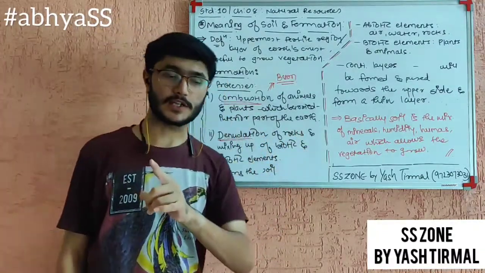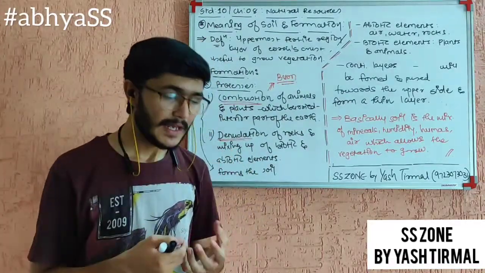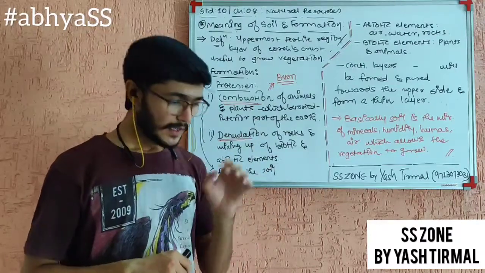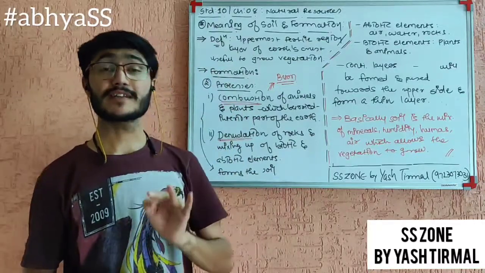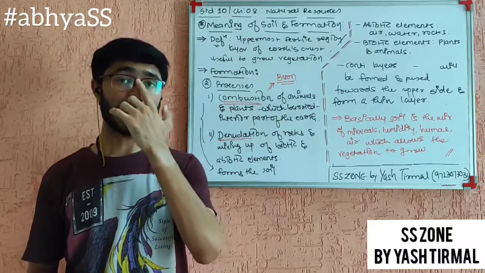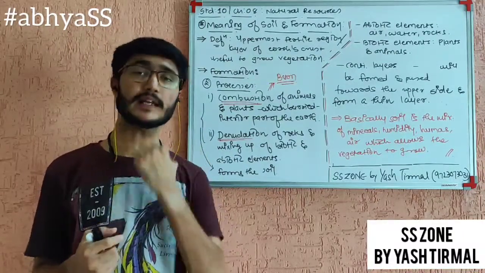Due to that denudation, small particles of the rocks are produced, along with all the minerals, and later the addition of air and water creates the humidity and the humus in the soil, and that creates the character called fertility in the soil.